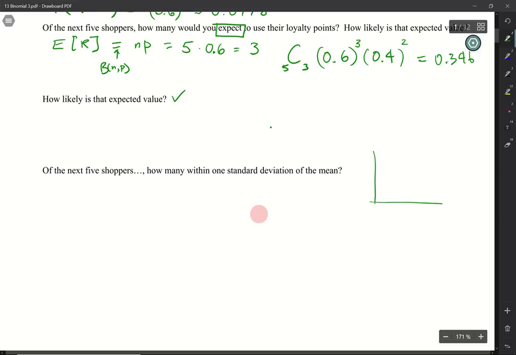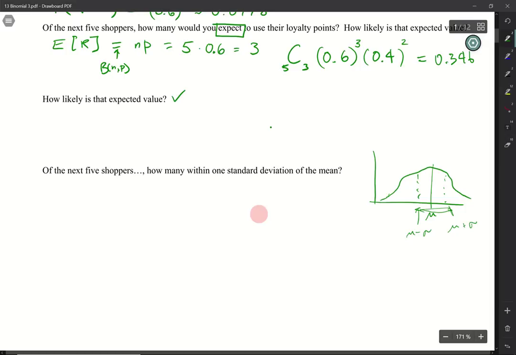Some probability distribution is kind of like that, and then somewhere there's a mean. And then you want to know something about the variation about it. So this one, say, is mu minus sigma on the low side, and then this would be mu plus sigma on the right side, right?